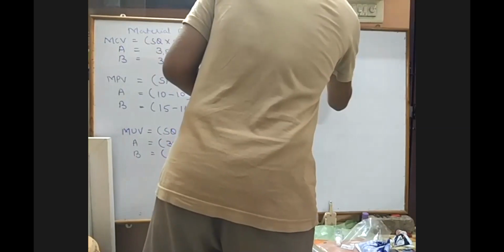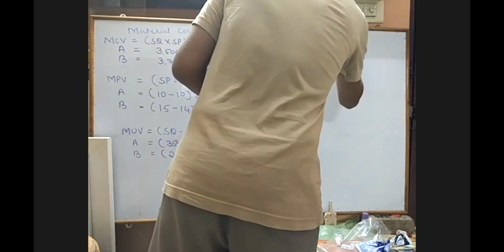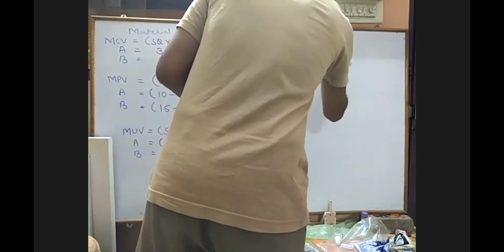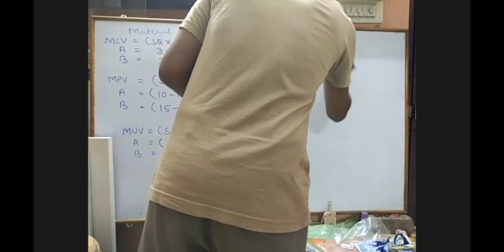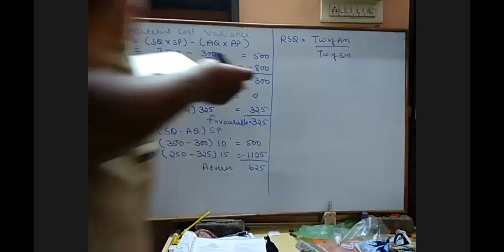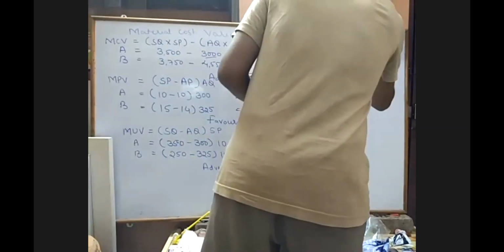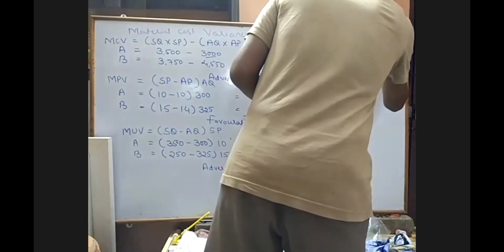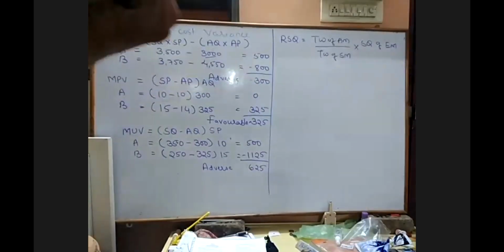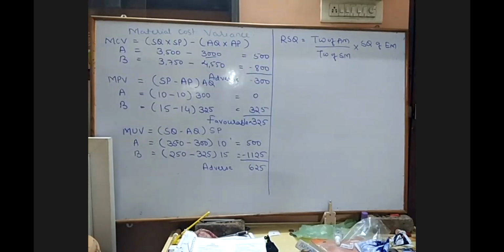Total weight of actual mix divided by total weight of standard, into standard quantity of each material.